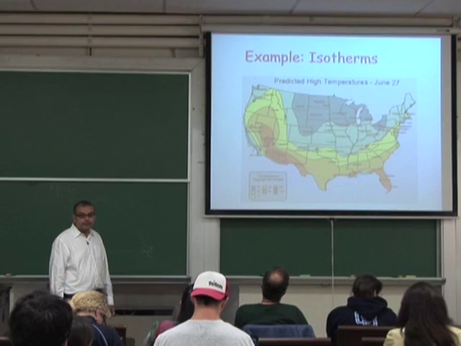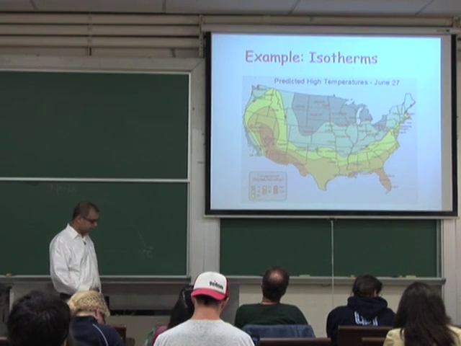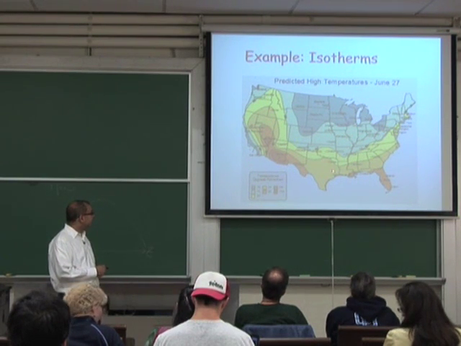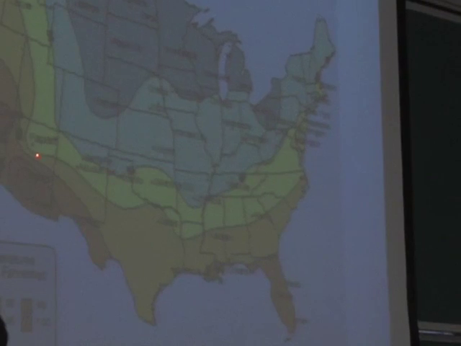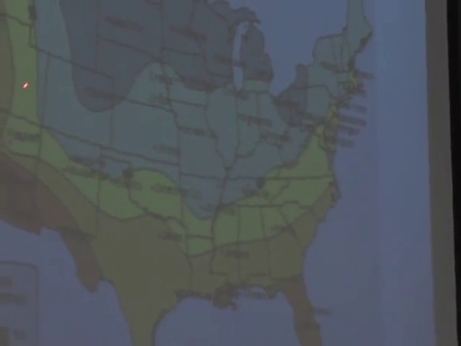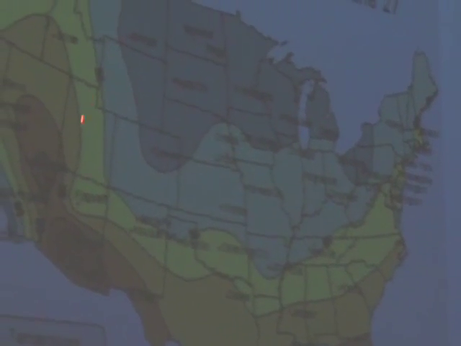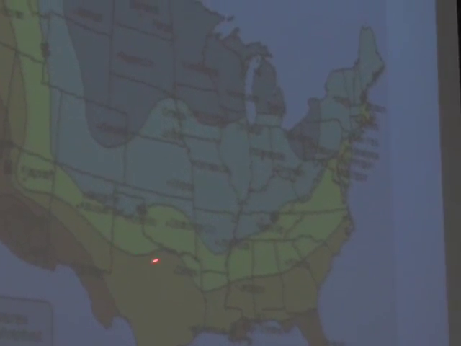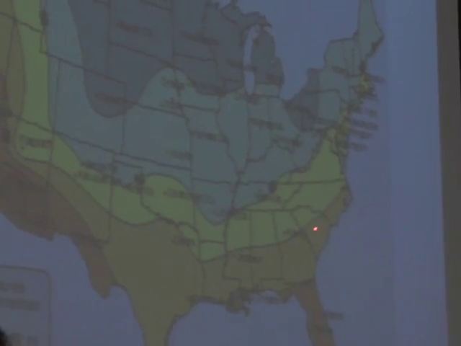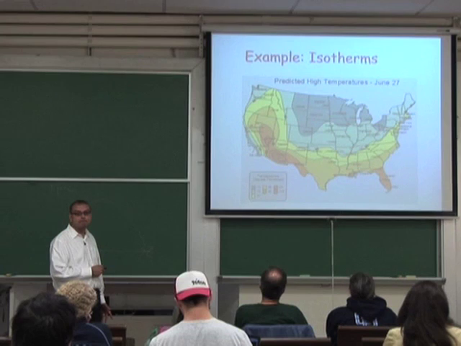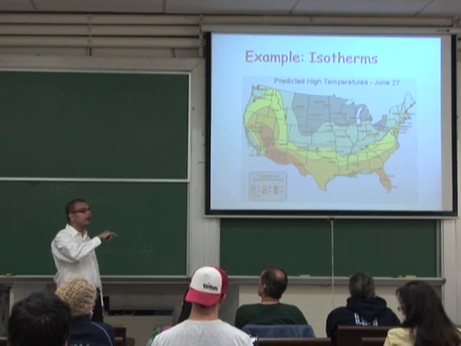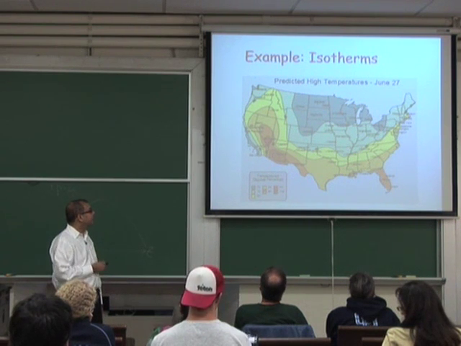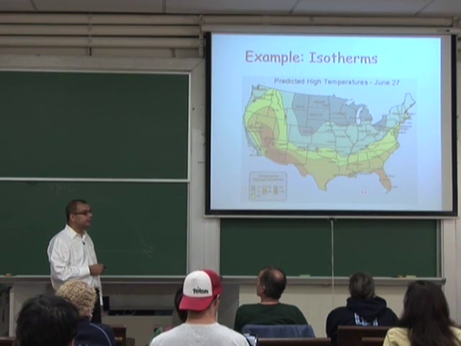For example, isotherms, which we just talked about, this line connects every combination of x and y. So in this projection, combinations of x and y translate into what? What are x and y in this conceptual projection?